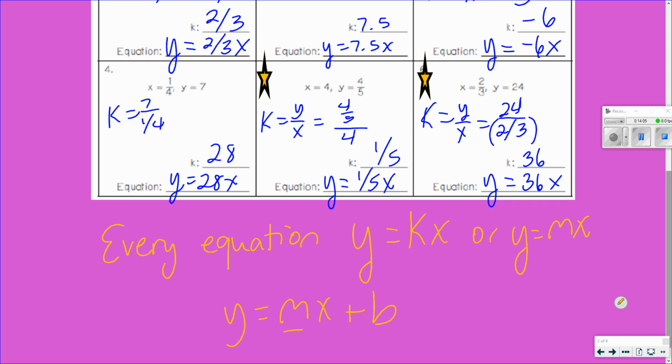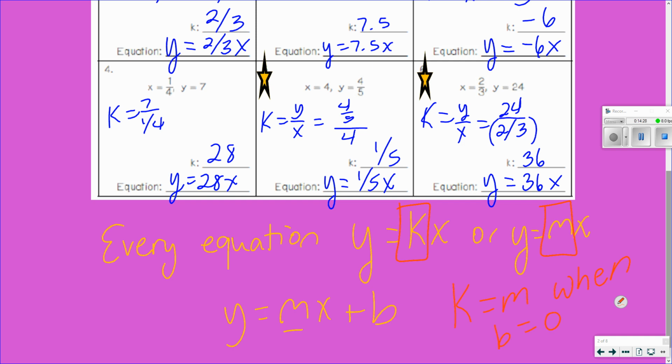So when are these the same? K is M when the y-intercept is 0. There you go. When B equals 0.